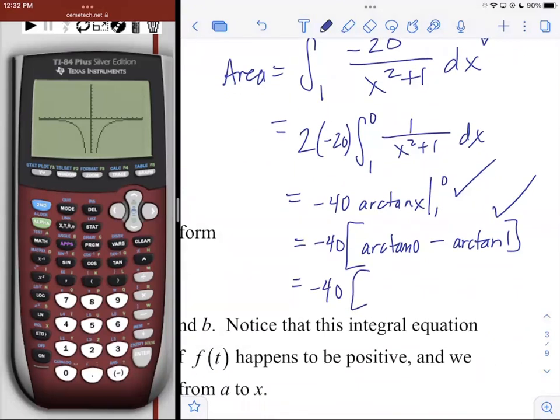So notice if I didn't use symmetry, instead of arctangent of 0, I would have arctangent of -1. Arctangent of -1 is what? Tangent of what angle in the principal value range is -1? It would be -π/4, right?